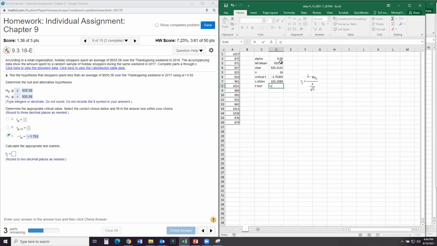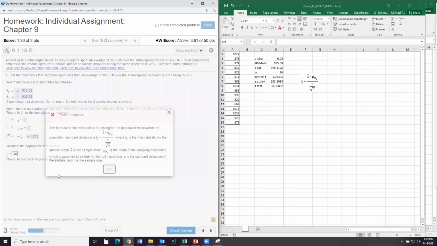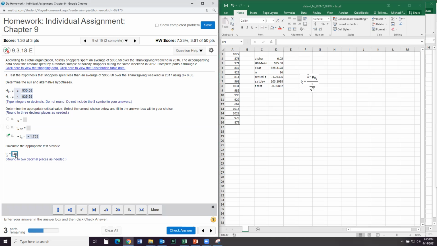Equals x bar minus my null mean, divided by my sample standard deviation over the square root of n. So that'll be my t-test statistic, 0.04 or 0.40. Oh, it wants negative, sorry. That's my bad.